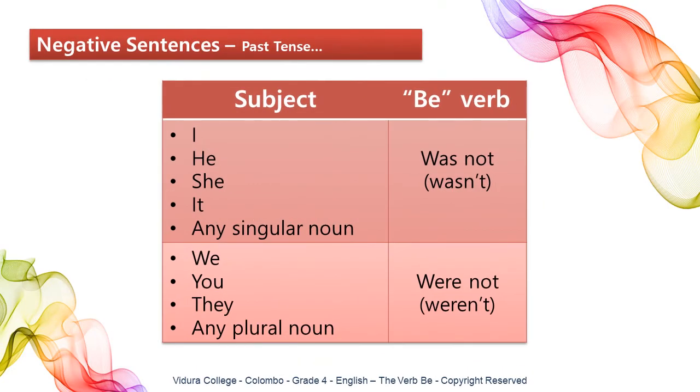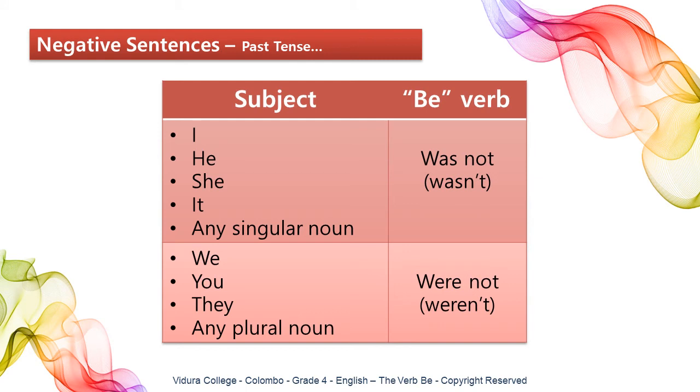Let's see how we can make negative sentences in simple past. For the subjects like I, he, she, it, or any singular noun, we have to write the be verb was. To make it negative, we have to add the word not just after the be verb was. So it is was not. What is the contraction form of was not?